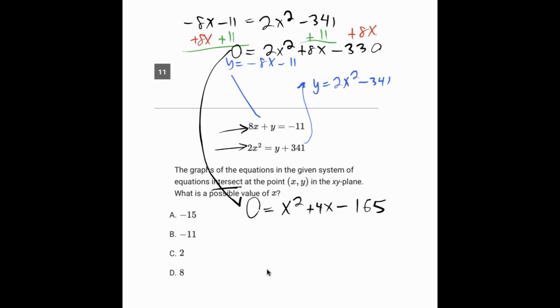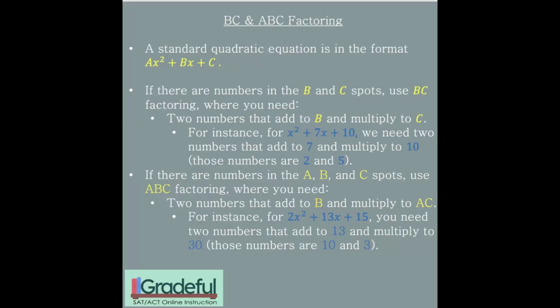And so now we have a quadratic, and our first choice in quadratics, especially when they're equal to 0 already, is always to factor them. Now, in our situation, we have something that has a b and a c coefficient. So that'll be BC factoring, where you need two numbers that add to b and multiply to c. If you want to know more about the difference between BC factoring and ABC factoring, go ahead and pause the video and read this longer explanation.